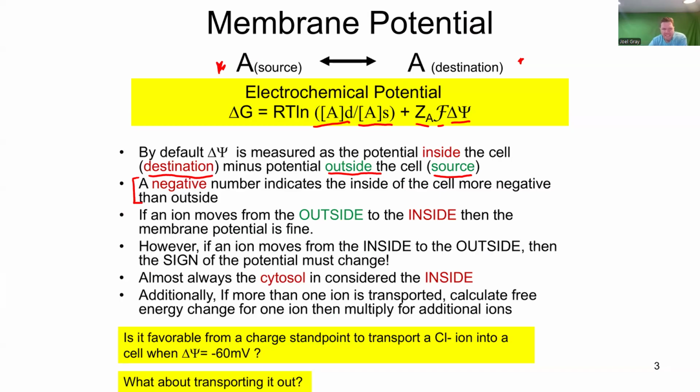So what that means is that if an ion is moving from the outside in, then whatever delta psi value has been provided does not change.